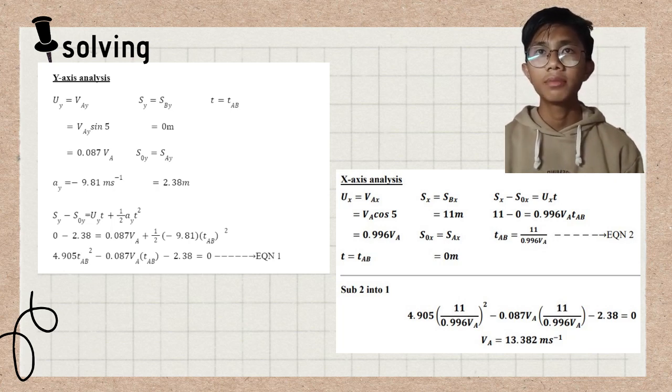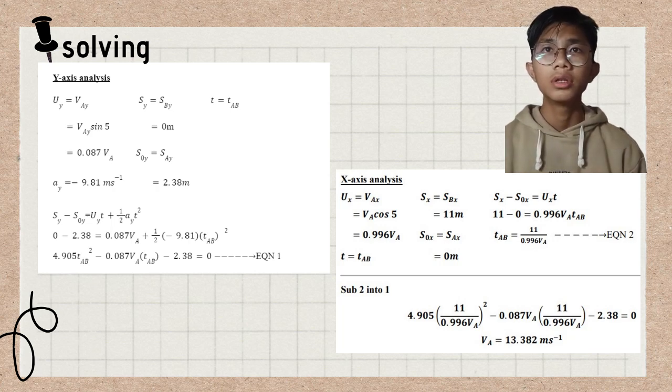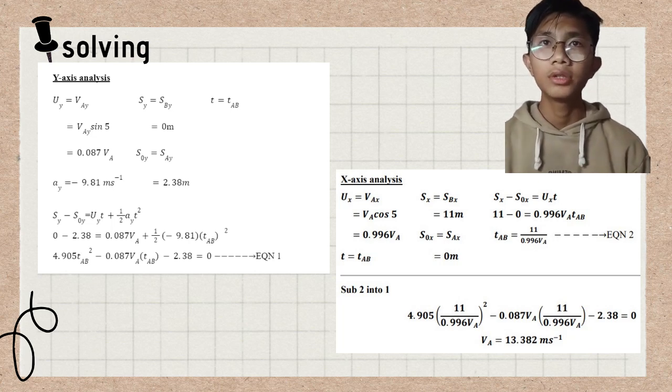So SX minus S naught X is UX T. That is the formula that we will use. So we substitute the information given: 11 minus 0 equals 0.996 VA multiplied by TAB. So we'll get equation 2.